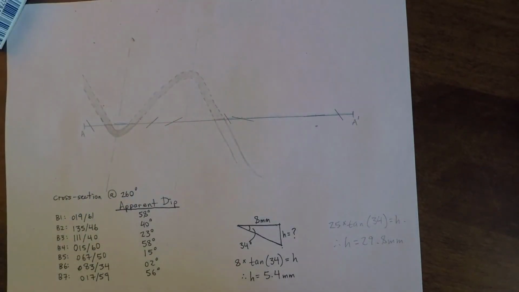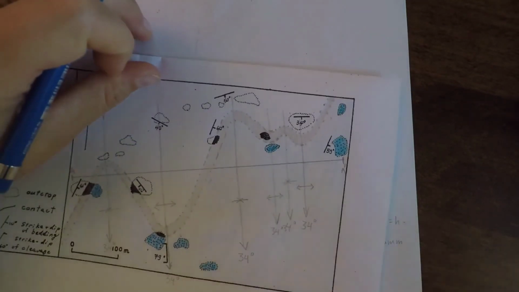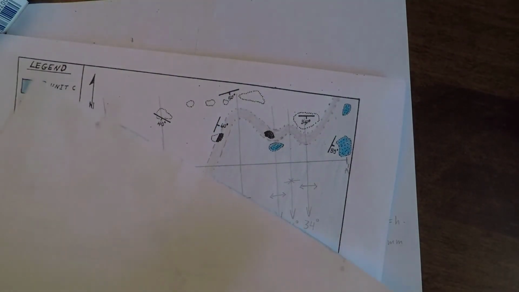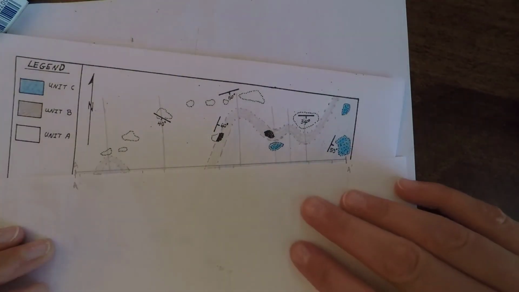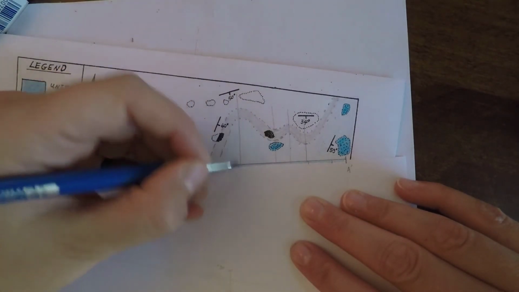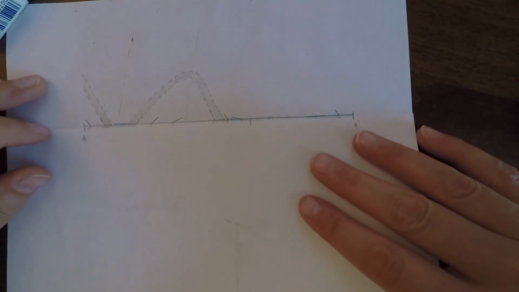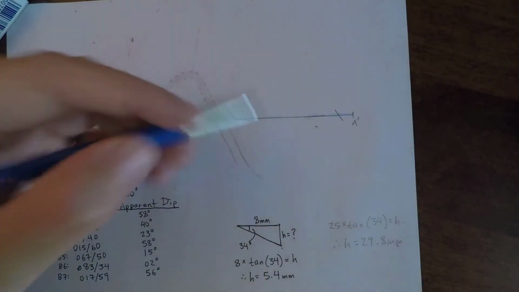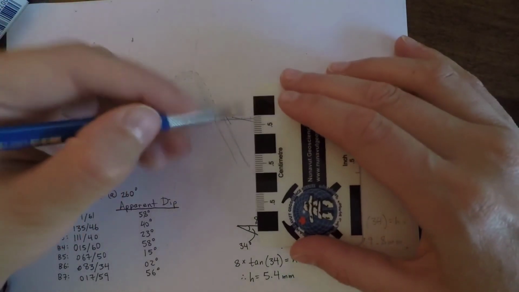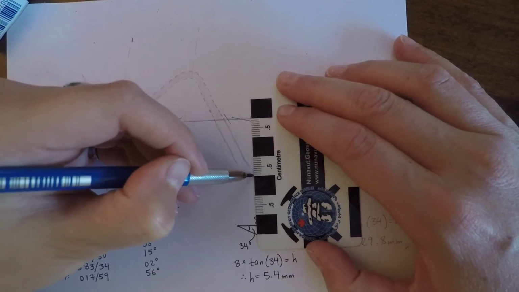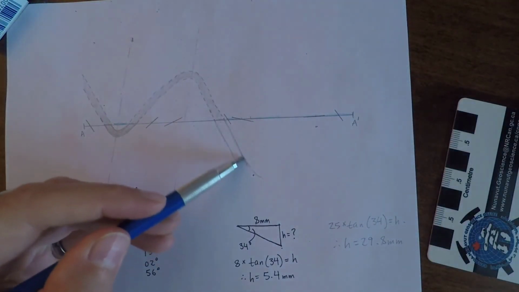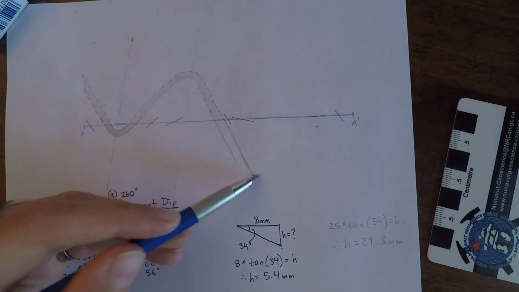So in our cross section, we can get a sense of how far along the cross section line we are, and we can transfer the fold hinge from the map onto the section. So the hinge will be down about 30 millimeters. So we can use that to help guide our interpretation.